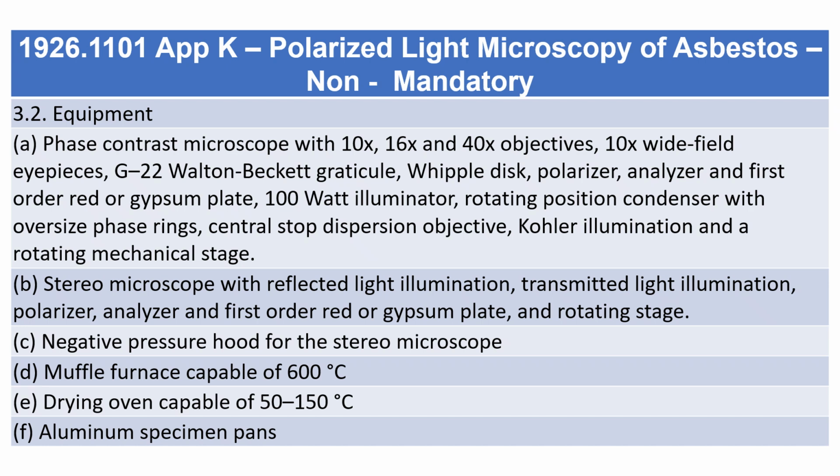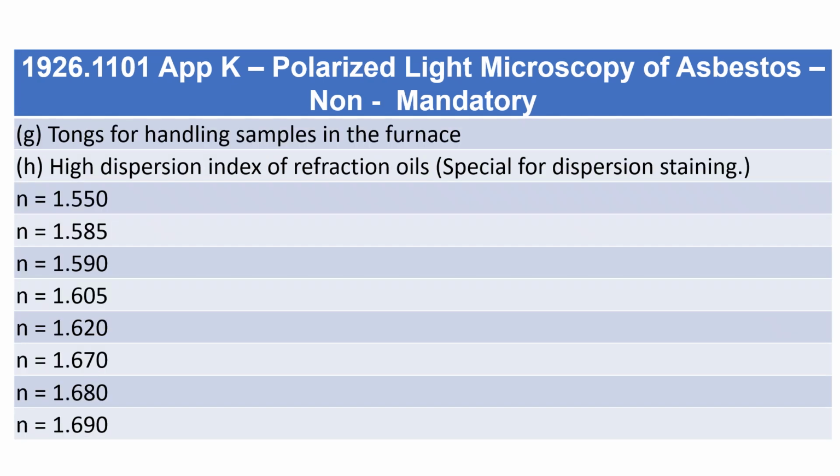D. Muffle furnace capable of 600 degrees Celsius. E. Drying oven capable of 50 to 150 degrees Celsius. F. Aluminum specimen pans. G. Tongs for handling samples in the furnace.